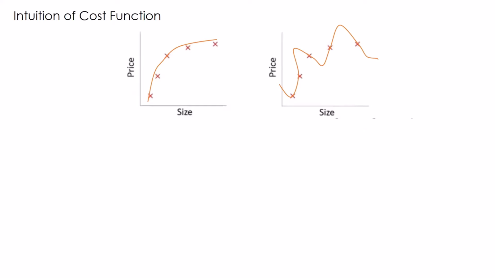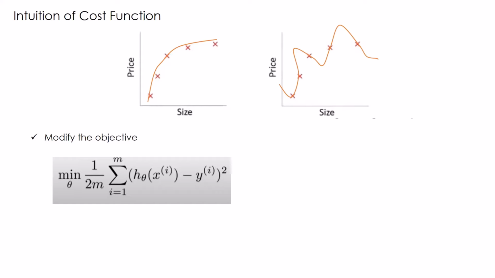In order to overcome the non-smoothness of the overfit curve, we use the cost function to get a better graph or better hypothesis. To get that, we first need to modify the objective.